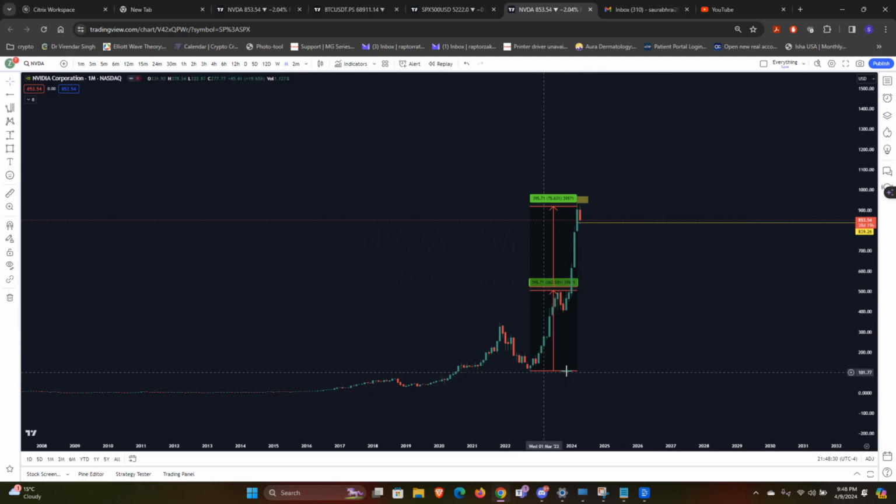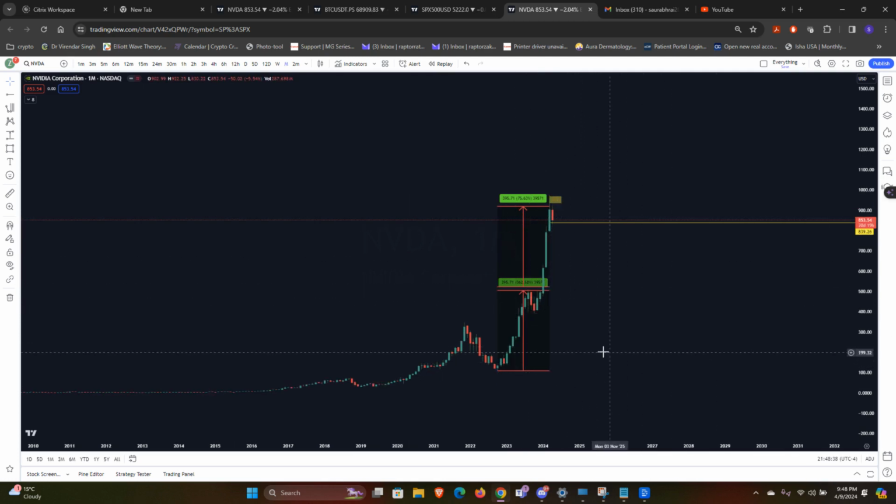Now if you just look at it, you would think that the price increase from here to here and from here to here are equivalent. They are in terms of dollar value, approximately $350 to $400 each. But percentage-wise, what do you have?